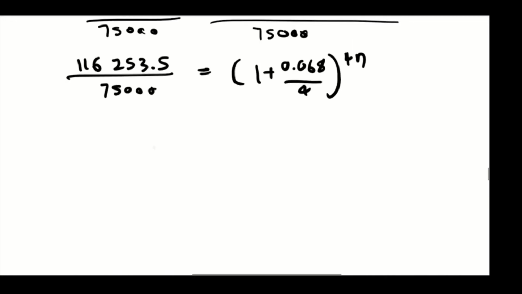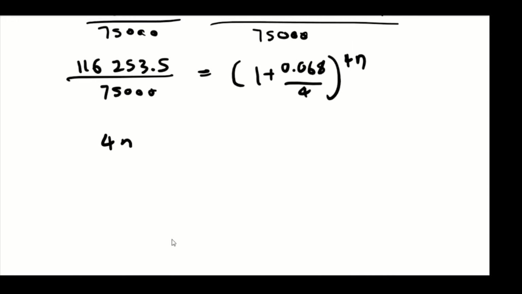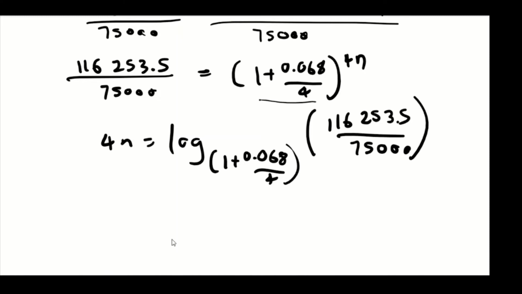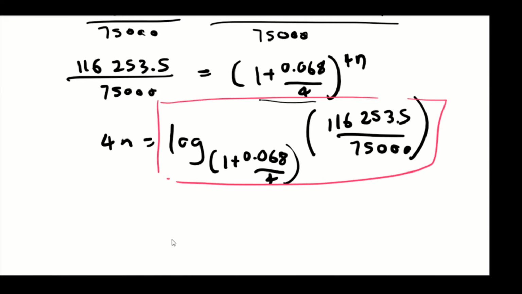Because we're looking for n, we're going to say 4n equals the log base 1 plus 0.068 over 4, which is this one here, of 116,253.5 divided by 75,000. Then you can punch this in your calculator, right? And what you should get is this.